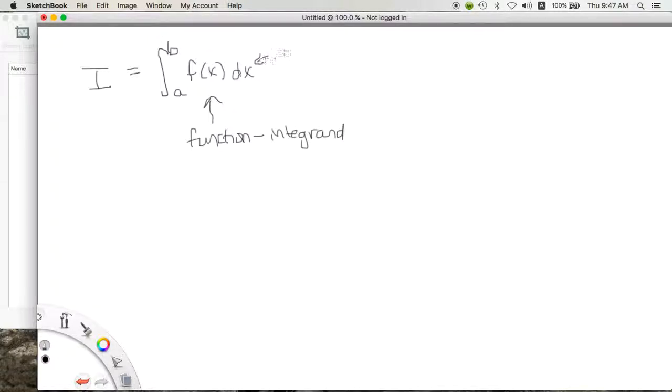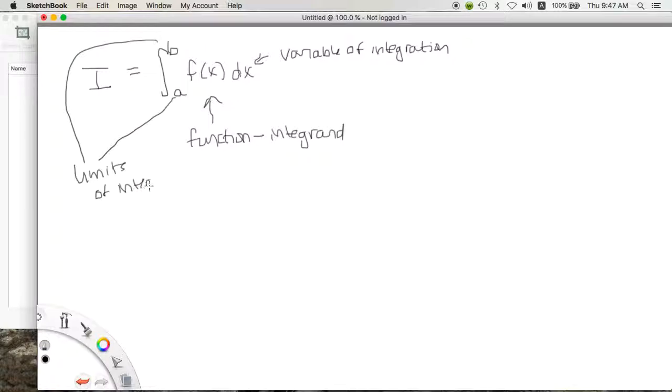And this tells us our variable of integration. These are our limits of integration. So we take that Riemann sum, and we take its limit as n goes to infinity or as the delta x goes to 0, and we end up with an integral, just like we took the limit of our difference quotient and ended up with the derivative.